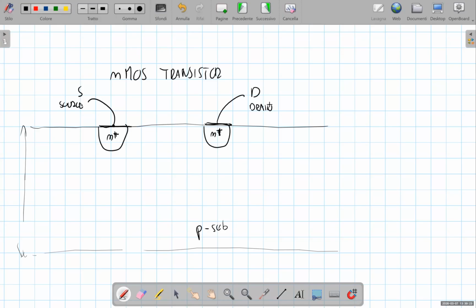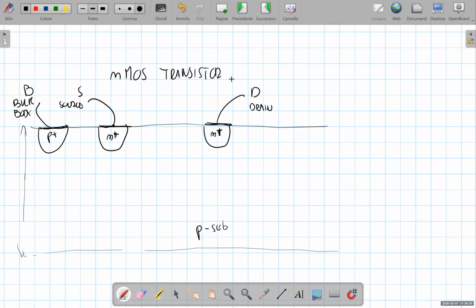The substrate itself can also be contacted with a P-type doping, typically also a surface contact like this, and is called the bulk or body contact. Okay.